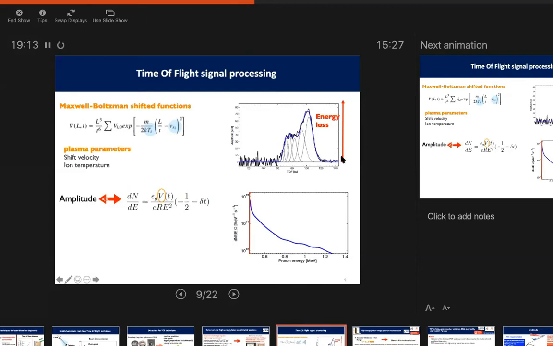So from the measurement of the amplitude, you can convert this y-axis into the number of particles, dN/dE, using this formula, which depends, of course, on the real energy released in the detector.